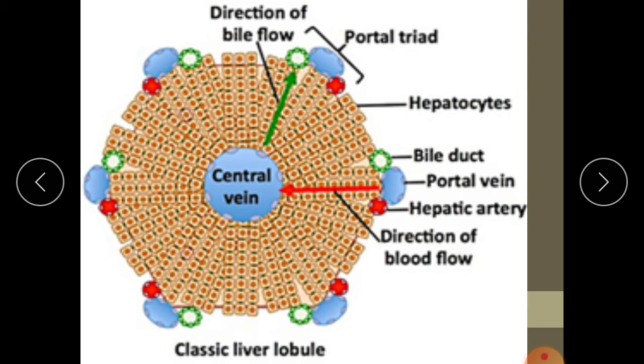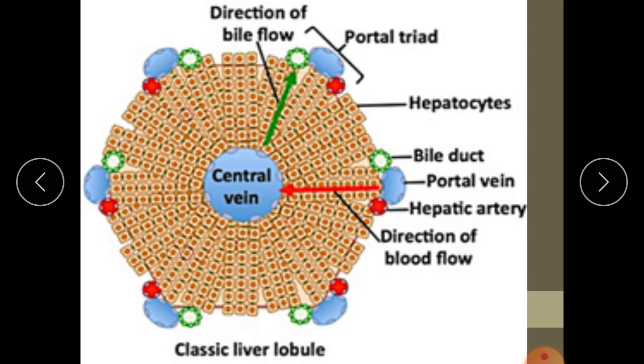From the hepatic artery, blood is supplied to the central vein, and the bile is moving towards the bile duct. So this is the direction of blood flow, and this is the direction of bile flow.